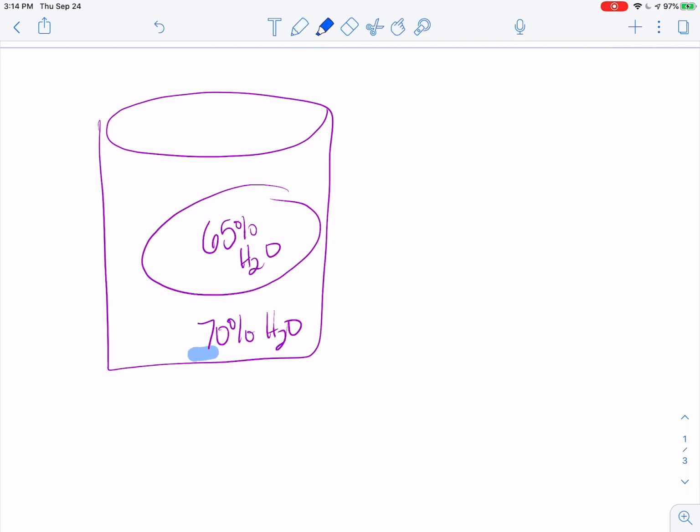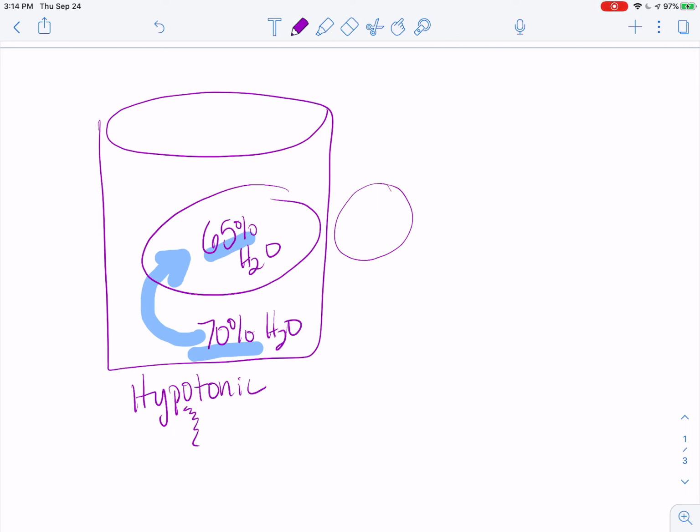Okay, so here we have a higher concentration to a lower concentration. So water is going to go from an area of high to low. So water is going to go in. It's going to make it swell. And when it swells, it gets bigger and rounder, so that it is a hypotonic solution. Hypo.